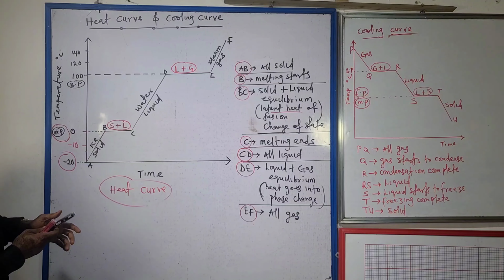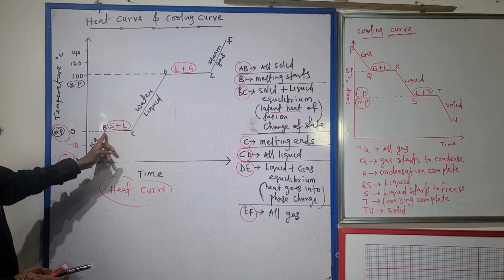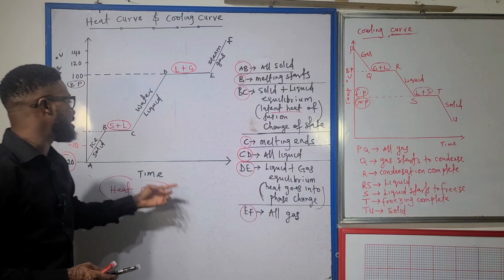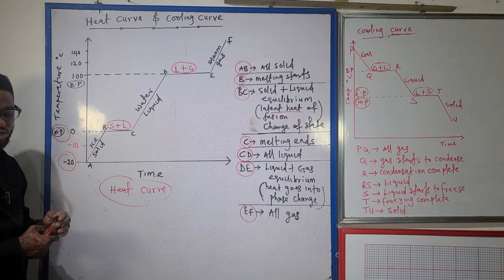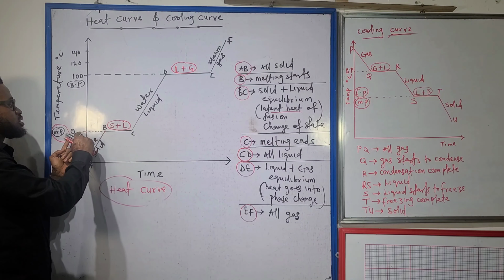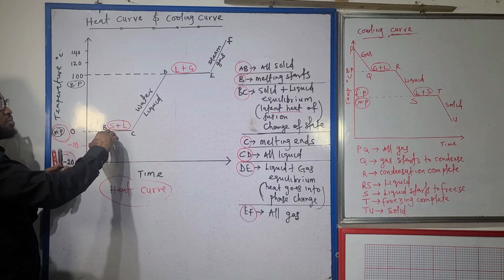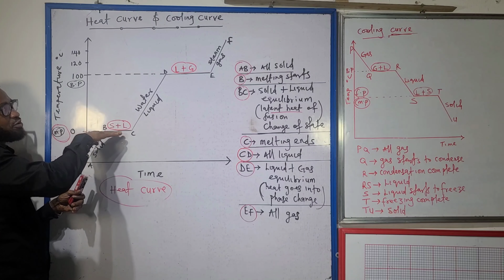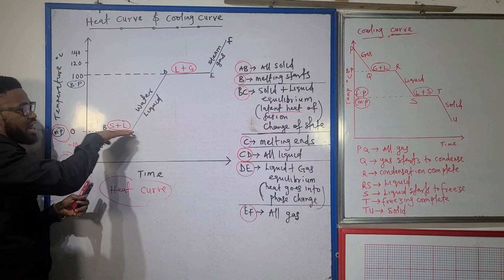Also, it is worthy to know that at this point, between B and C, we say solid and liquid are at equilibrium. That is to tell you that if I continue to heat my solid and I get to the melting point temperature, the temperature does not rise again, but this part of the curve just flattens out.